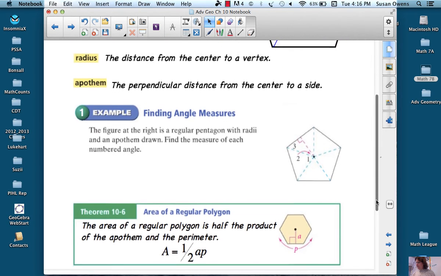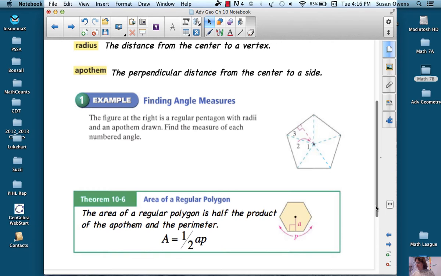The figure at the right is a regular pentagon with radii and an apothem drawn. Find the measure of each numbered angle. One of the formulas we learned before is that if we go all the way around a circle, it's 360 degrees. There's going to be the same number of central angles as there are sides.